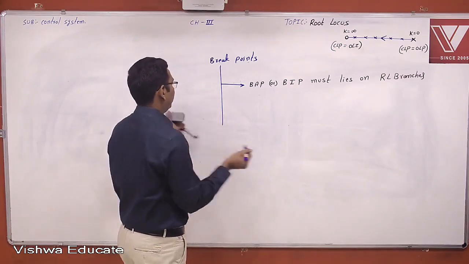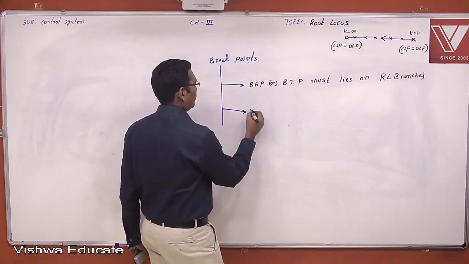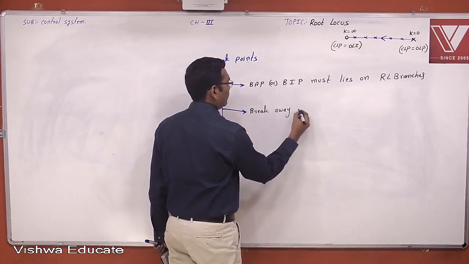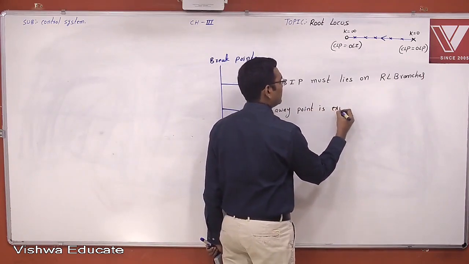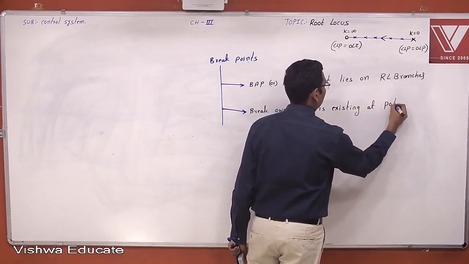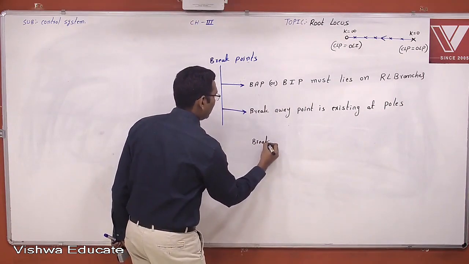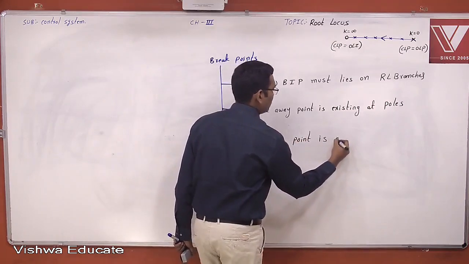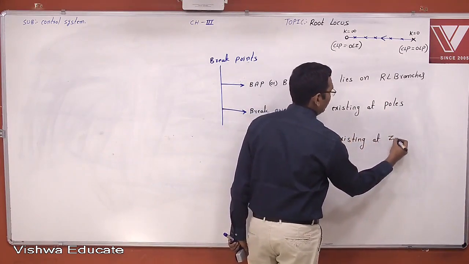Second point. The breakaway point exists at poles, and similarly the break-in point exists at zeros.